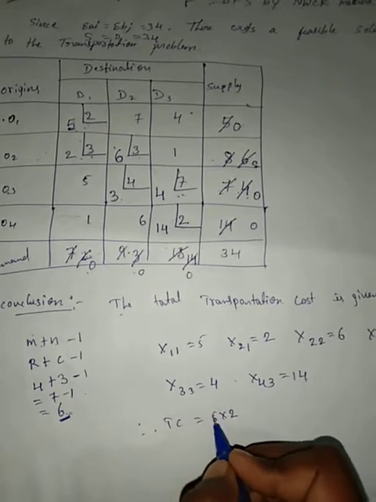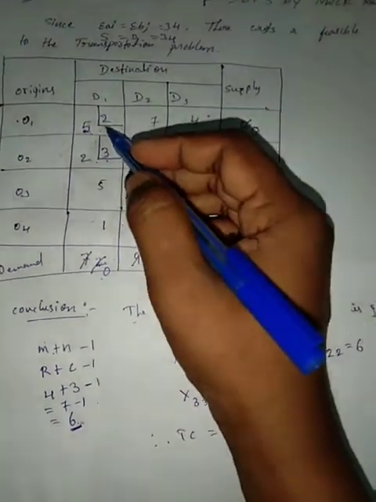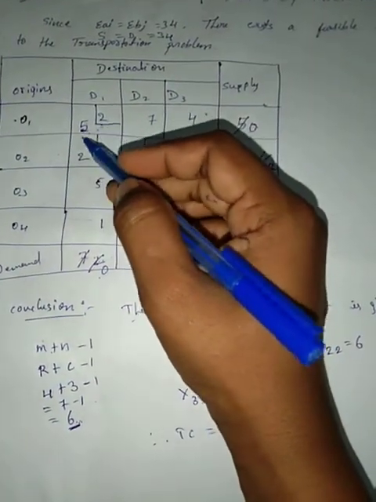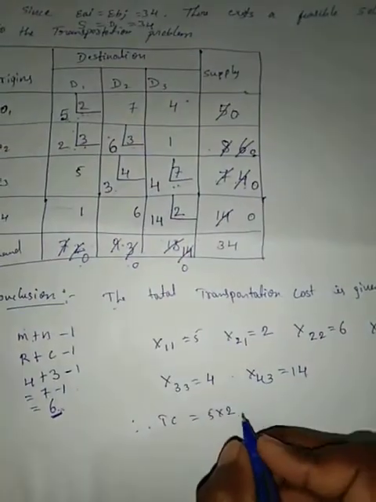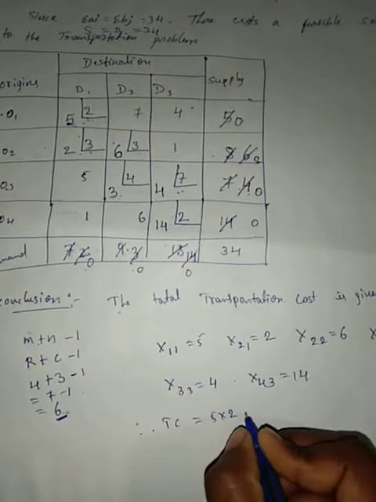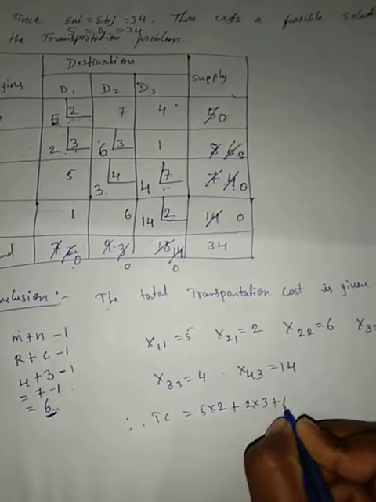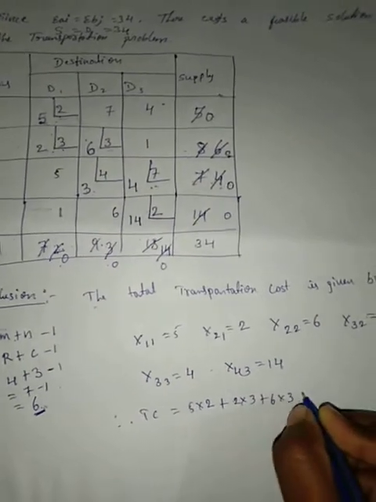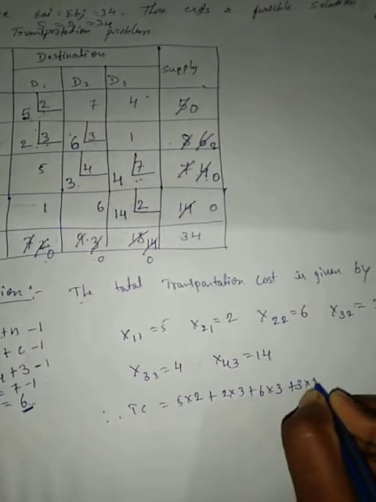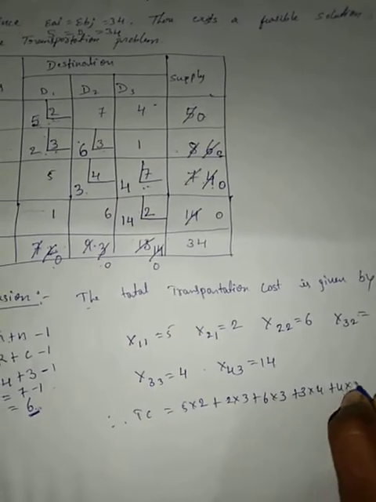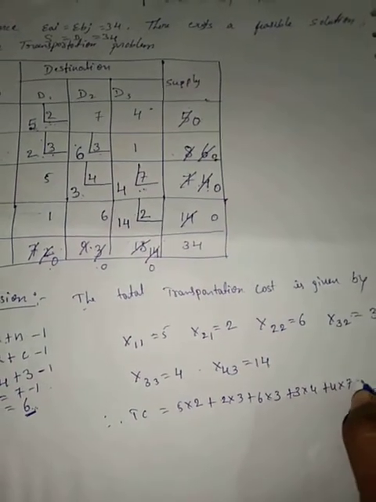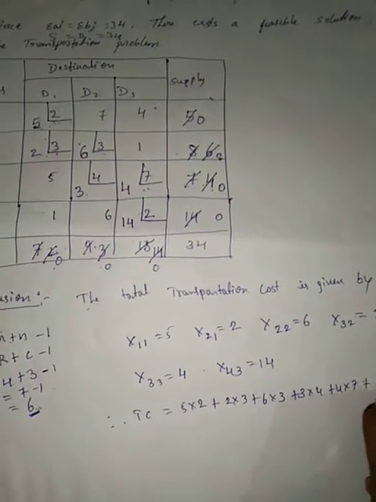We just multiply the transportation cost and the rim values. 5 into 2 plus 2 into 3 plus 6 into 3 plus 3 into 4 plus 4 into 7 plus 14 into 2.